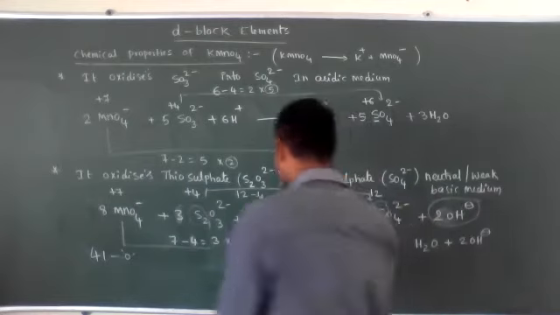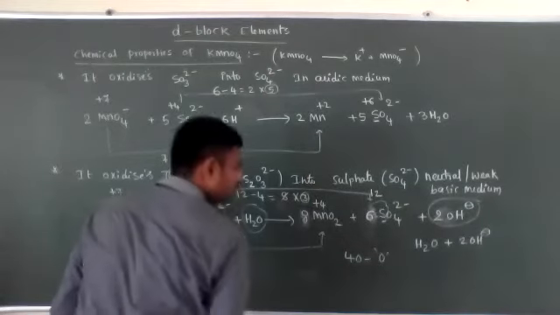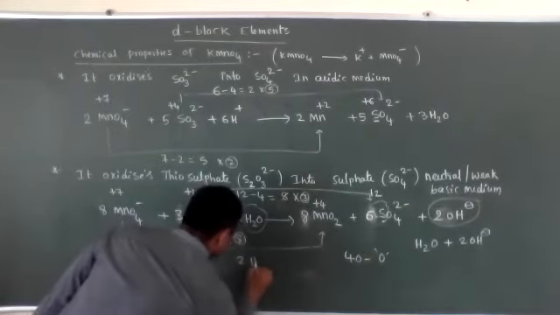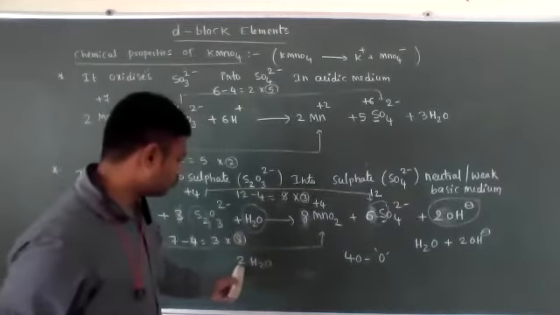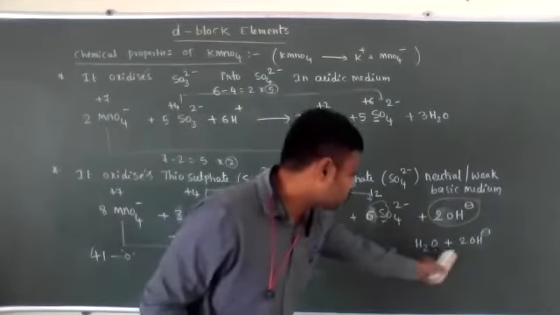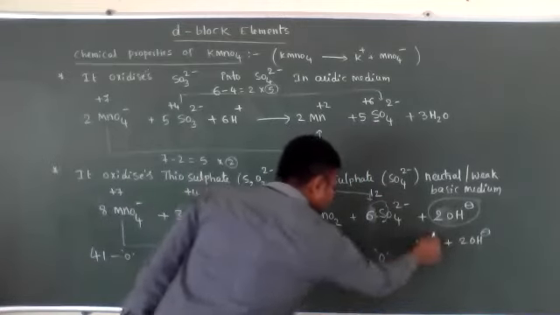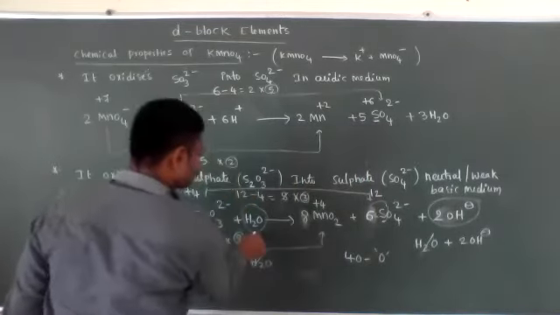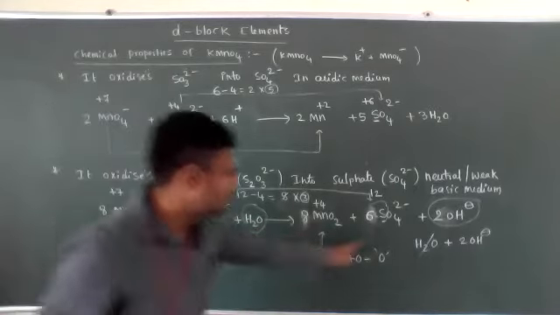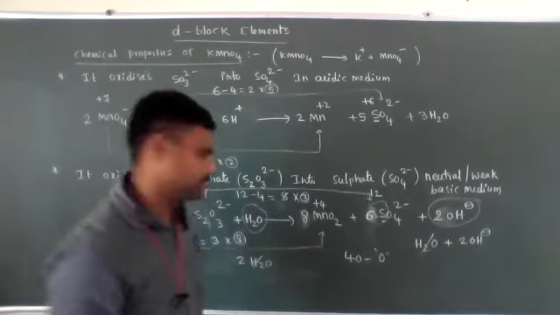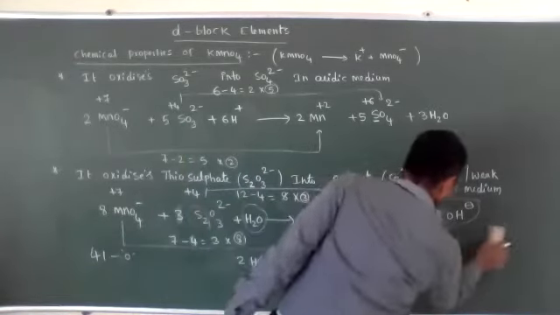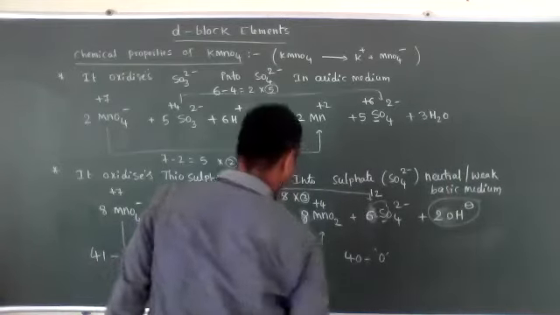Then I am adding on this side 2H2O. So 2H2O, and here one H2O and OH minus is present. Then one H2O will cancel. Then this 2 becomes 1, meaning H2O on this side and OH minus ions. Now this is the balanced equation.